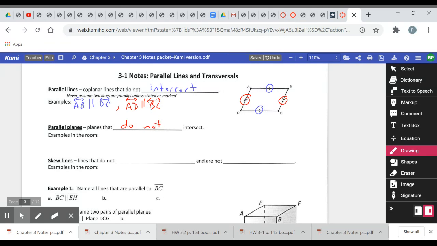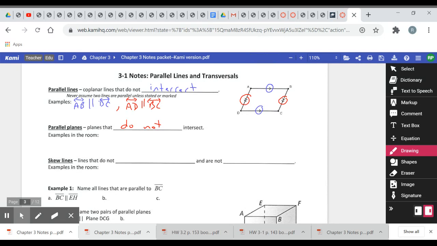Okay, so again, a plane kind of looks like a rectangular parallelogram when we see it in a picture, but technically it extends out in all four directions. And even if you extend them out, they're not going to intersect each other. So if you look around the room that you're in right now, try to find some parallel planes and write down a couple of examples.